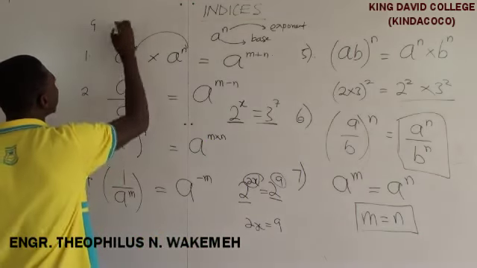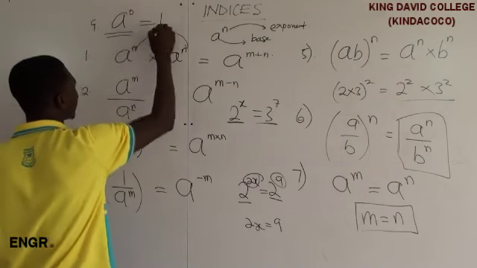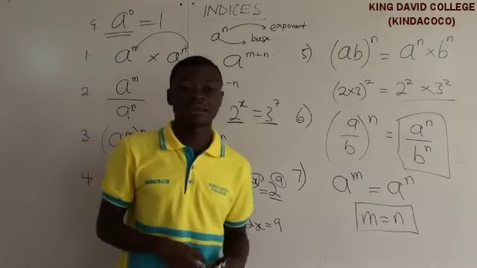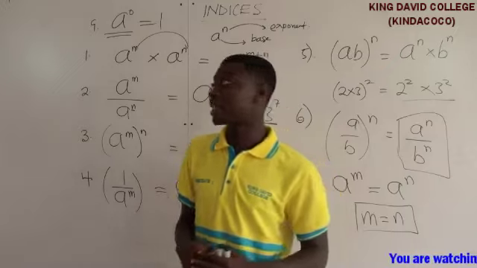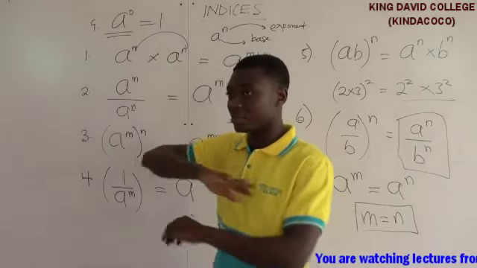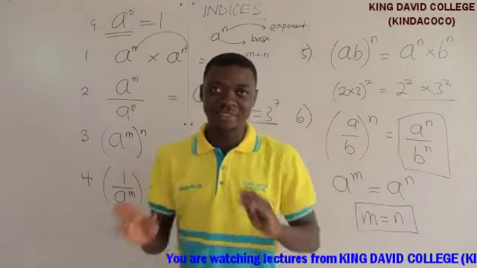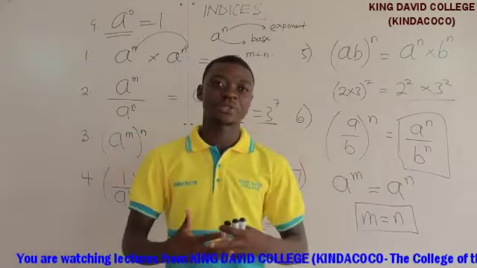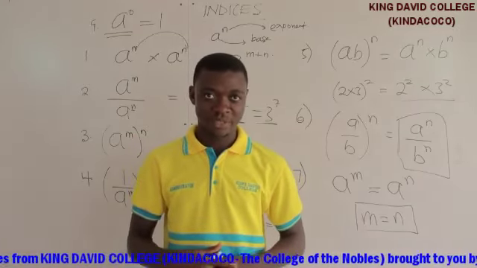If you have any number raised to the power 0, the answer is always 1. Any number on this planet Earth raised to the power 0, the answer is always 1. I'm not saying sometimes, it's always 1. So these are the laws you need to keep with you for the exams.